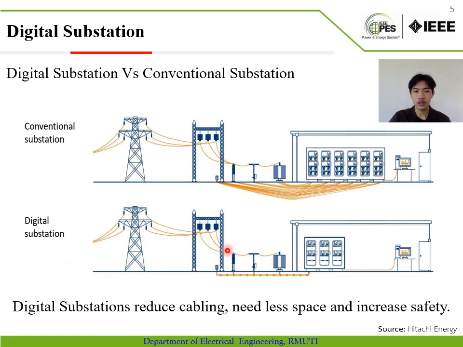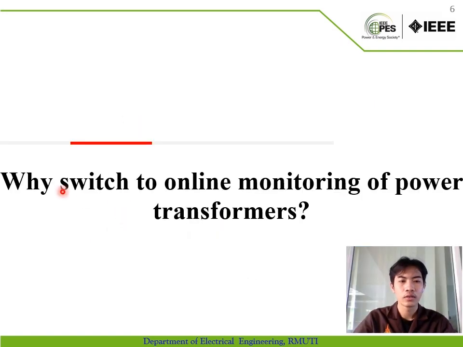But the digital substation uses fiber optic connection between switching equipment and protection and control relays. The consequence of the digital substation is reduced cabling defects and more reliability and safety for the substation. Next, why switch to online monitoring of power transformer?